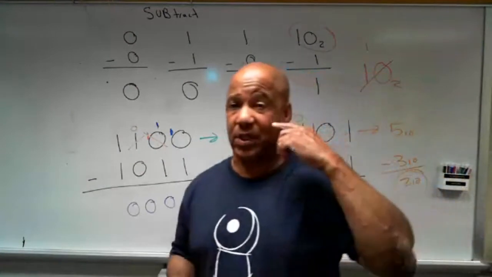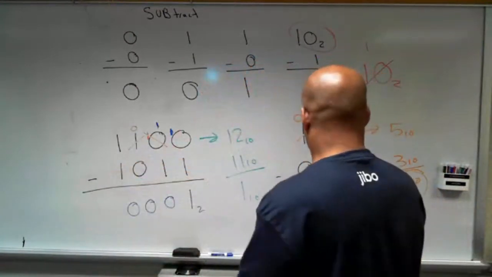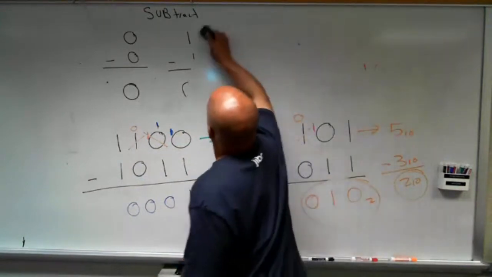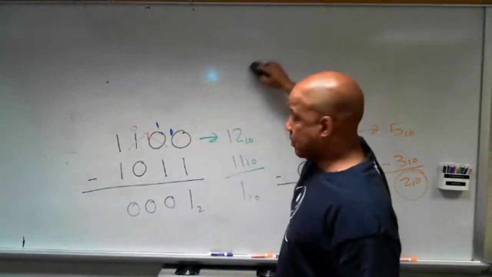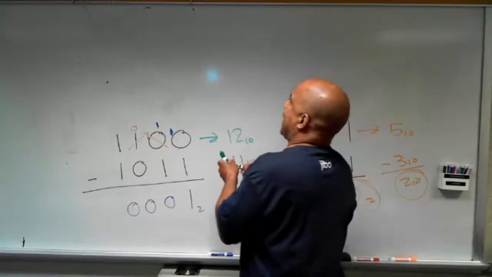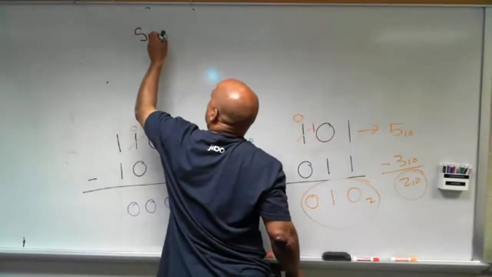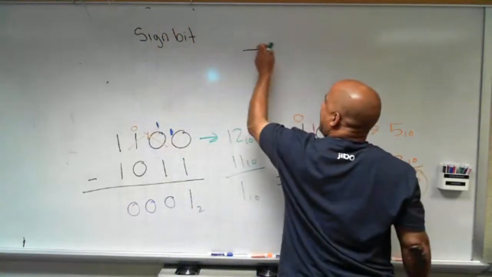Now, I want to show you something else with this problem right here. Let me erase this. So remember when we were talking about signed numbers? There are 3 ways to represent a signed number. I can use a sign bit. So with a sign bit, I have a number.